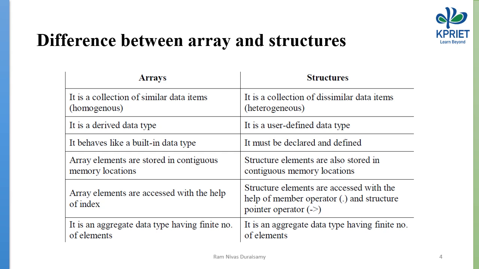Array is a derived data type. It behaves like a built-in data type, whereas structure should be declared and defined. Array elements are stored in contiguous memory locations, whereas structure elements are also stored in contiguous memory locations. Arrays are accessed with the help of an index, whereas structure elements are accessed with the help of the dot and pointer operator.